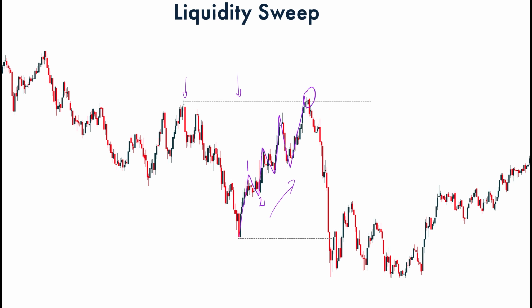This is 1, 2, 3, 4, 5, 6, and then a 7. And then this is where you should look for sell. This I think was on the 1 minute time frame, or 3 minutes time frame, on GBP JPY.